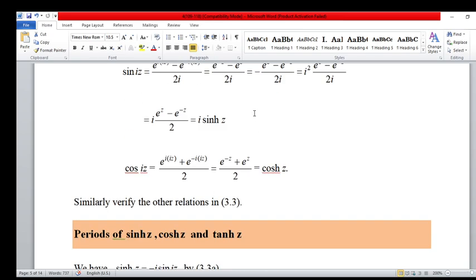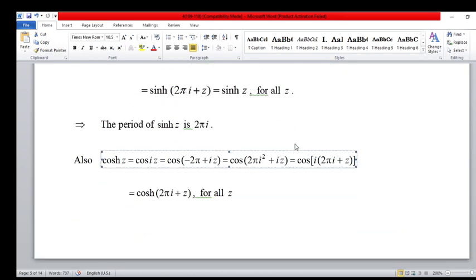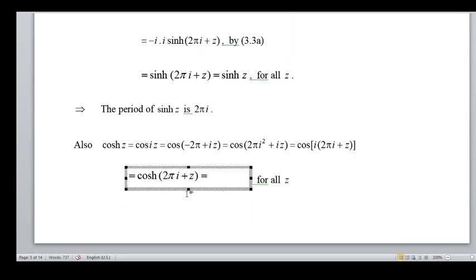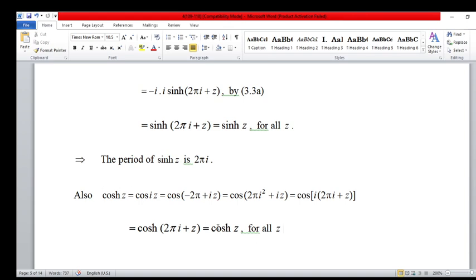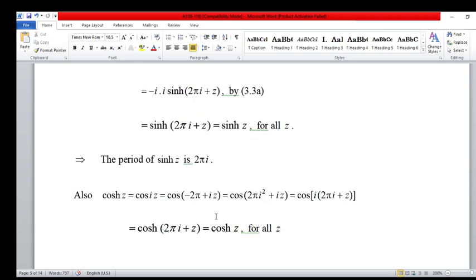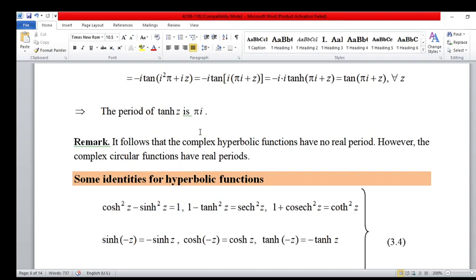Again the second formula applies here: cos iz is equal to cos hyperbolic z. So for cos hyperbolic z there is no change, which means the period of cos hyperbolic z is 2 pi i, so the period is the same for sin hyperbolic z and cos hyperbolic z.